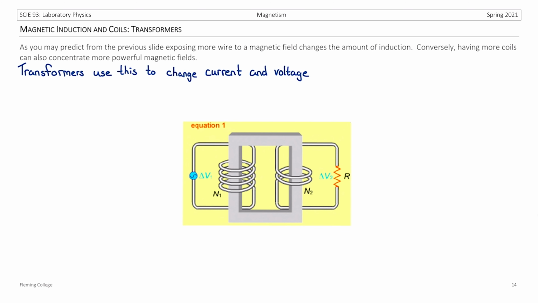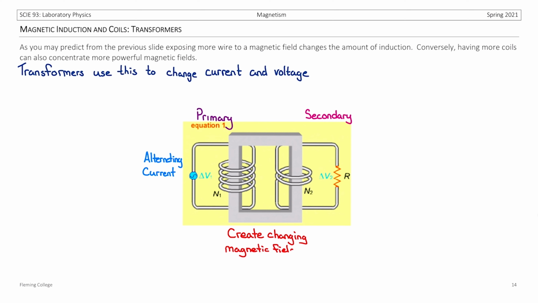Below you see a transformer with a primary coil and a secondary coil on the left. This transformer has alternating current provided to the primary coil, which will induce a magnetic field that changes back and forth in the central block of the transformer, and that changing magnetic field will induce a current in the secondary coil.